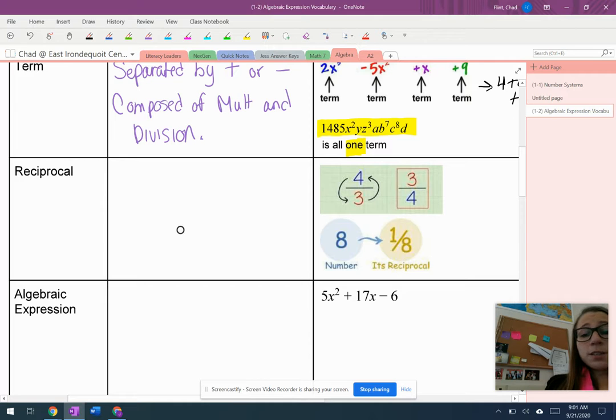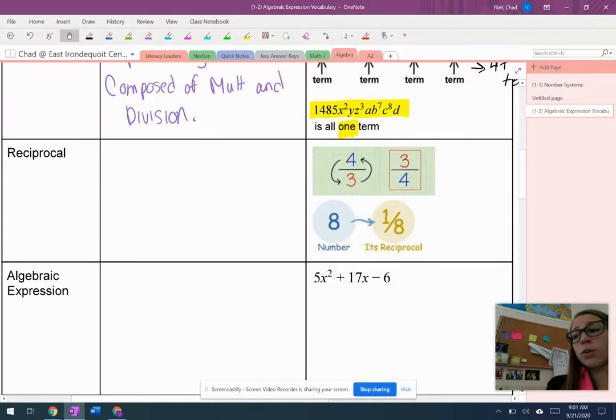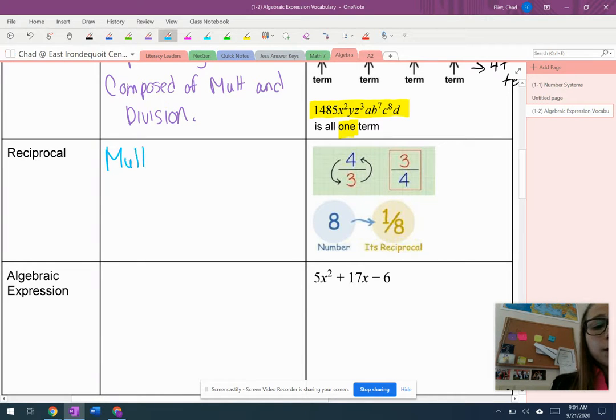Okay, the next term on our list is reciprocal. And the fancy name for reciprocal is multiplicative inverse, which is that flipping of the fraction.